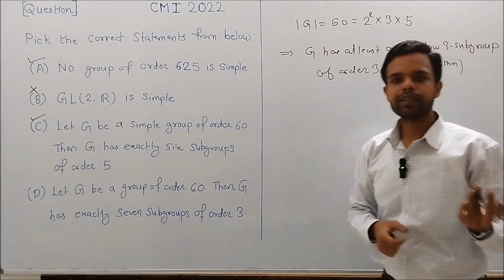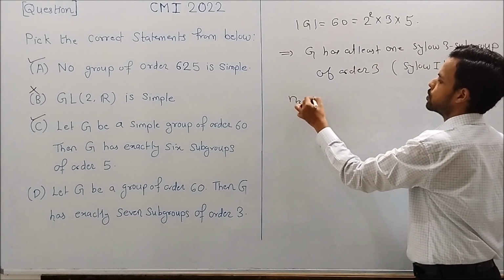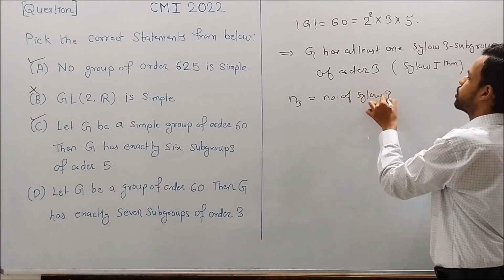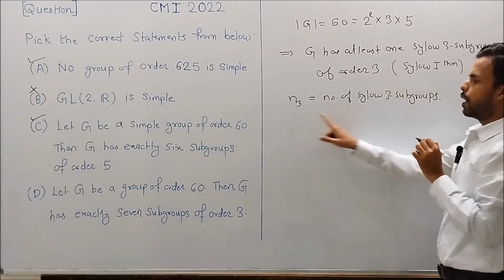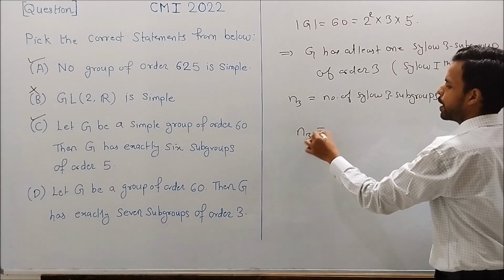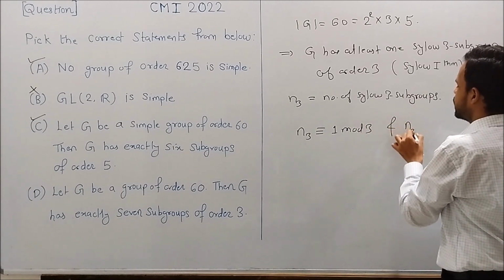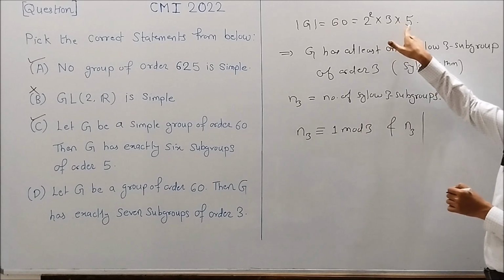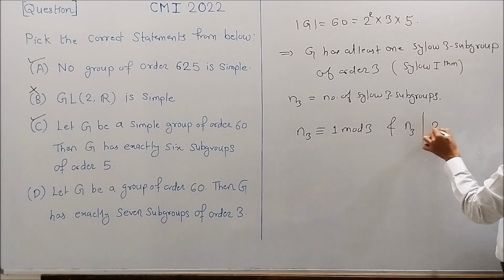And by Sylow's third theorem, if n3 denotes the number of Sylow 3-subgroups, then n3 is congruent to 1 mod 3, and n3 divides 2 squared times 5, that is, n3 divides 20.